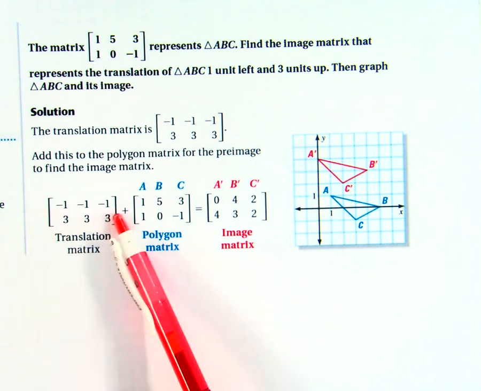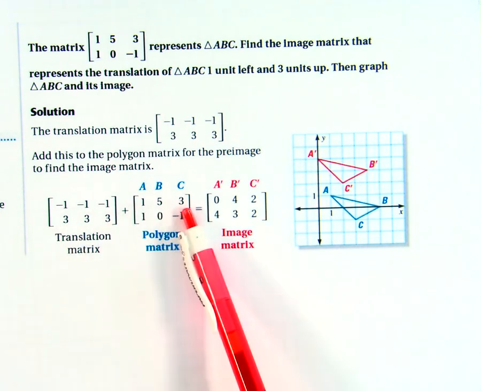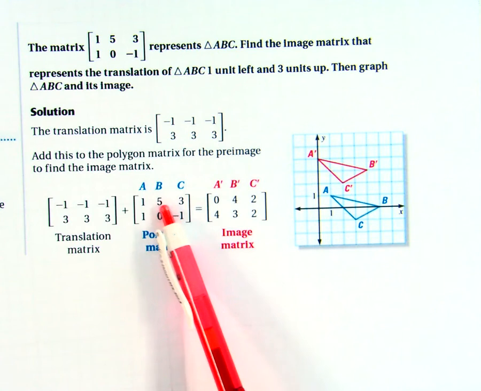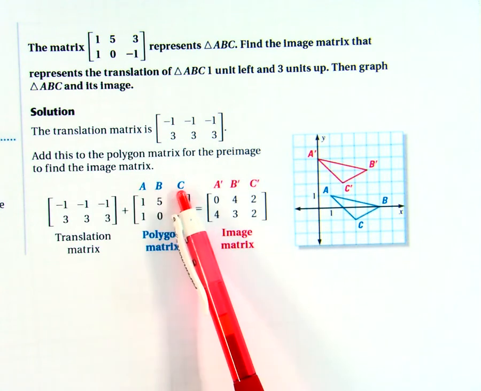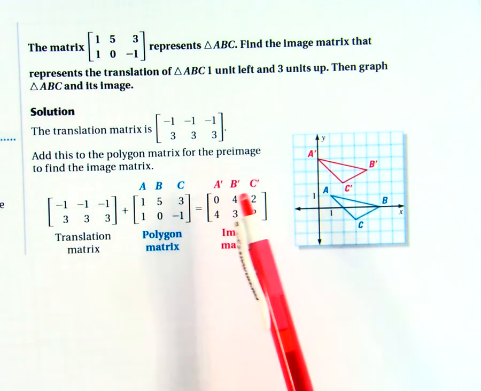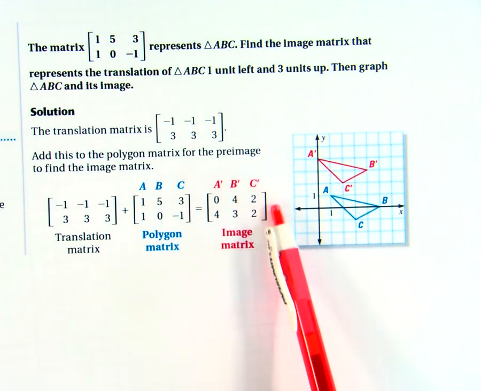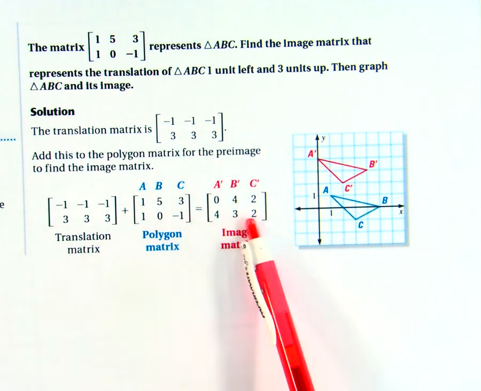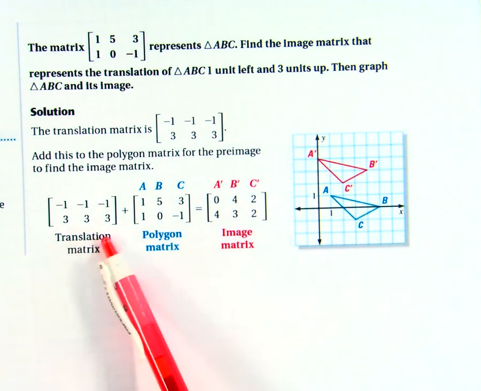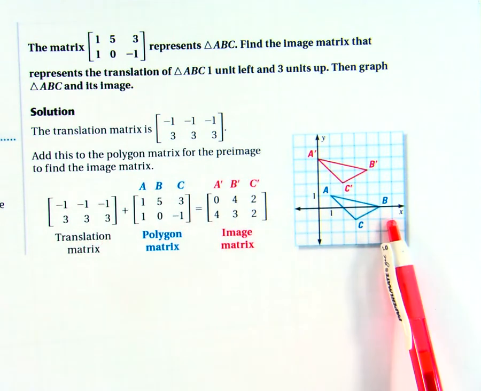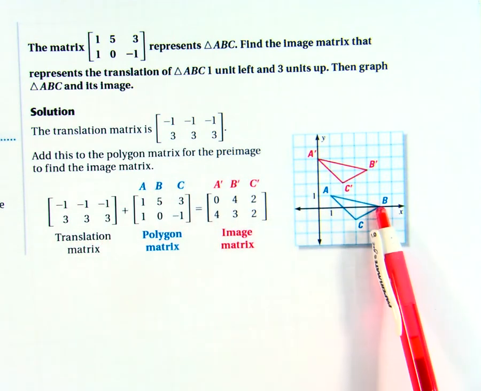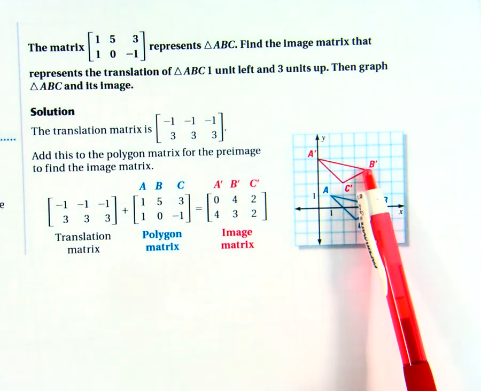So this means we'll subtract 1 from each of the X values, which are on the top row, the values for A, B, and C, giving us the values in the answer matrix or image matrix as A prime, B prime, C prime. We'll do the same thing for the Y values, adding 3 to them. So the result is a shift back 1 and up 3.